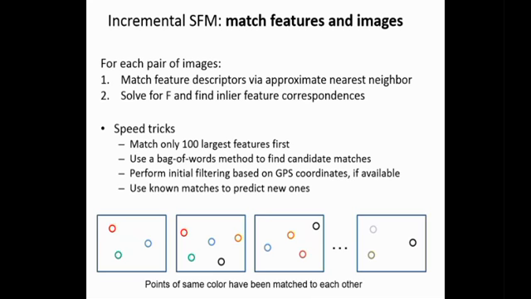So now let's say that we've matched the features. Here, the red circle means that these two images see this set of features. The first 3 images all see the set of features represented by the blue circle, and so on. And so we've got correspondences now between the images.